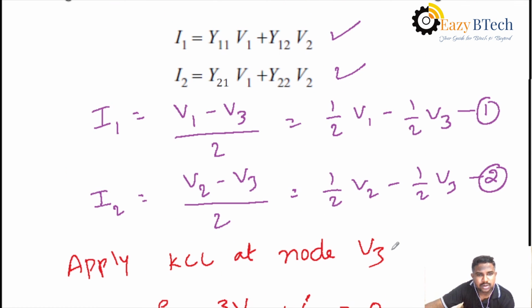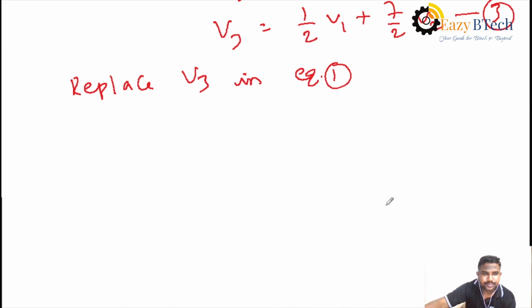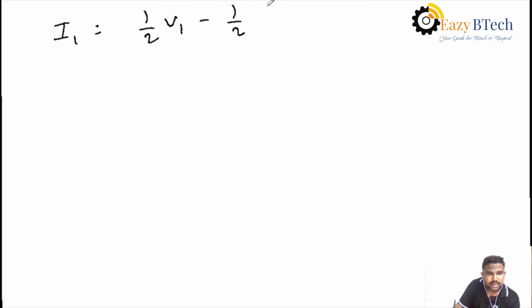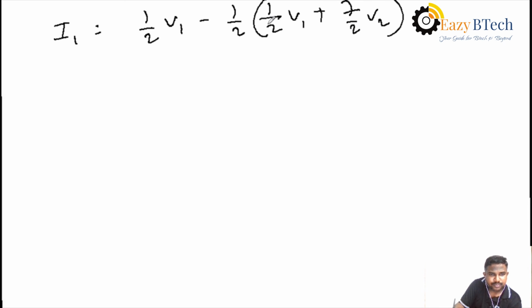What is equation 1? I1 equals 1 by 2 V1 minus 1 by 2 V3. What is the value of V3 here? 1 by 2 V1 plus 7 by 2 V2. Then you can simplify the equation.